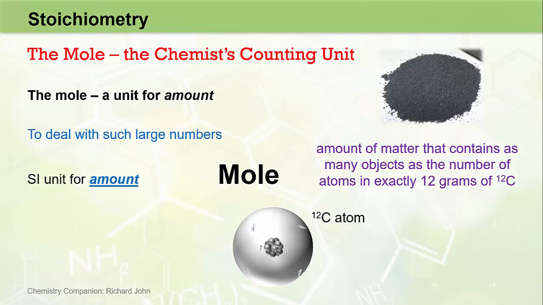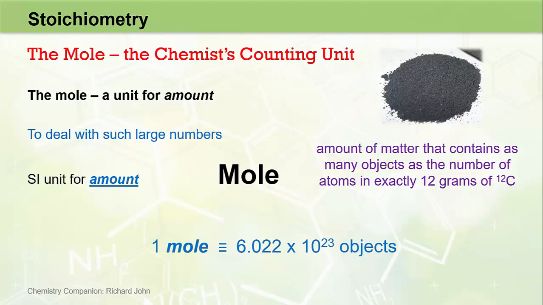For now, however, the number of carbon-12 atoms in 12 grams of carbon-12 is approximately equal to 6.022 × 10^23. So 1 mole can be said to be equivalent to 6.022 × 10^23 objects.